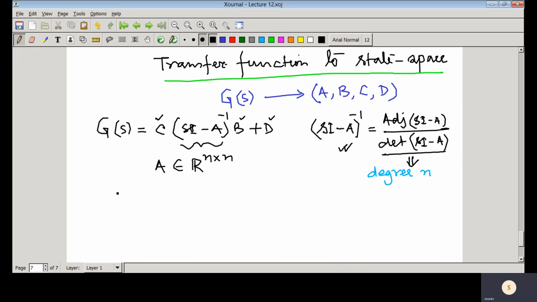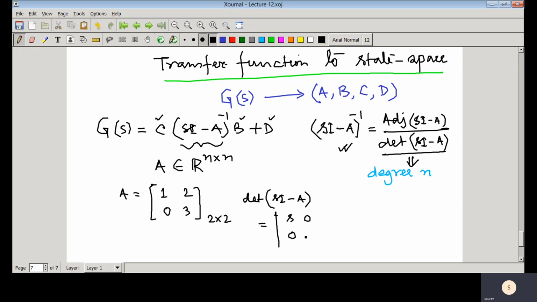Suppose A is a 2 cross 2 matrix, say 1 2 0 3.